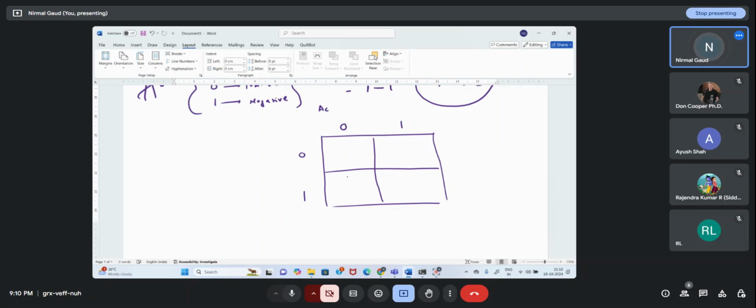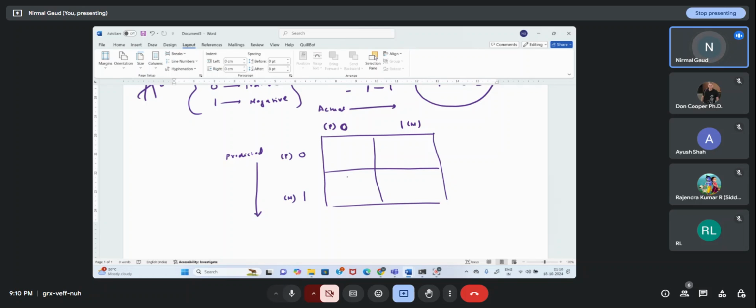This is actual, this is predicted. So 0 and 1 on one side are actual values present in the data. This is what the model predicted, 0 and 1. Now, 0 is positive, 1 is negative. You have assumed this thing.